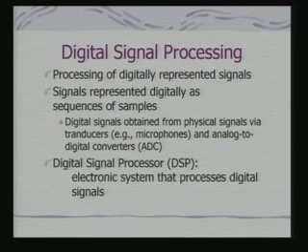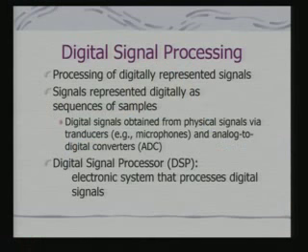Digital signals are typically obtained from physical signals via transducers and converted to digital form using an ADC. I have given you an example of how that image data gets converted, and then it is processed by a DSP, which is an electronic system that processes these digital signals.